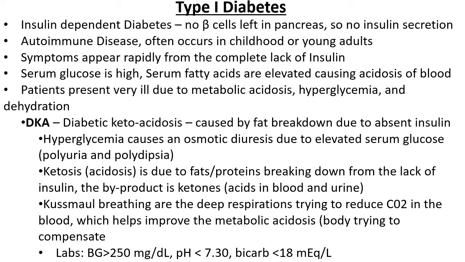So even though there's lots of sugar in the bloodstream, they can't get into cells, and so there's communication saying, you know what, the cells are starving. They're not getting any glucose, even though in reality there's lots of glucose in the plasma. Okay, so the fatty acids start to break down in the fat cells. And when you break down fatty acids, you get byproducts called ketones.